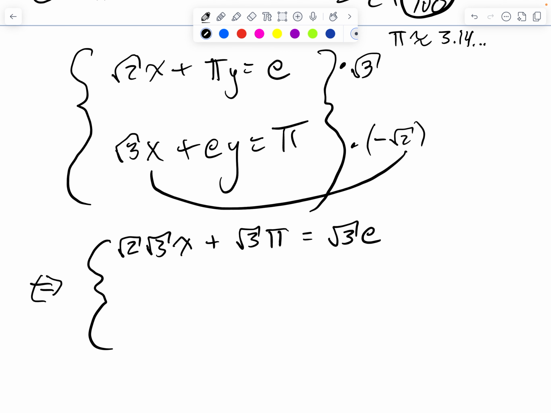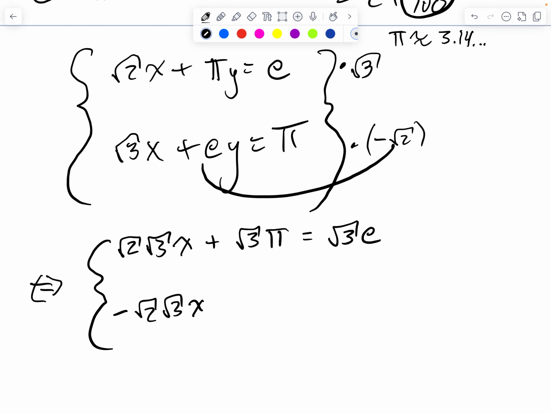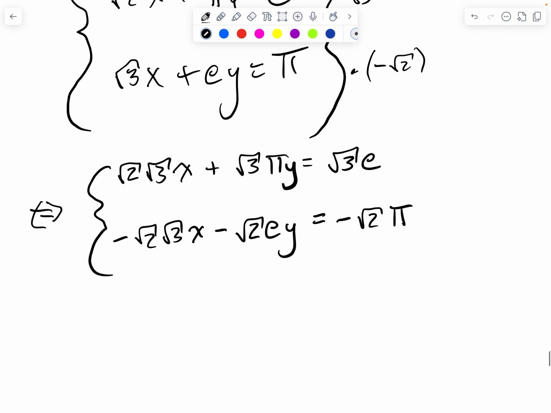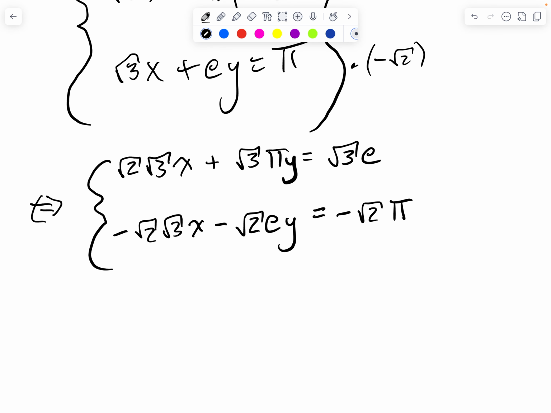Now down here, I got a negative square root of 2, square root of 3, and then a negative e y. Oh, look at that, I forgot my y. And then I have the negative square root of 2 pi. I'm probably going to make lots of mistakes in these videos, and that's okay.